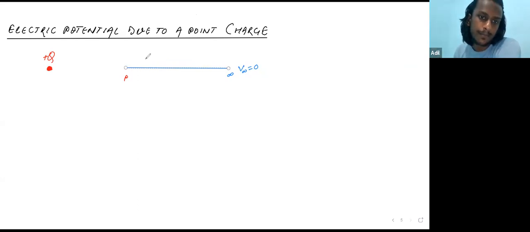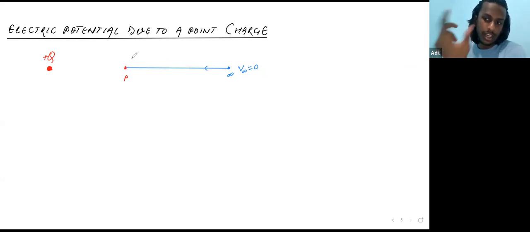And if it is not accelerated, then how is it possible? We already know that at this point P a conservative force is applicable.